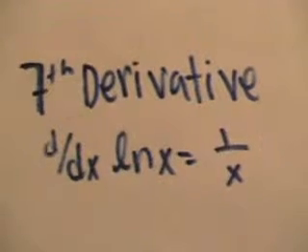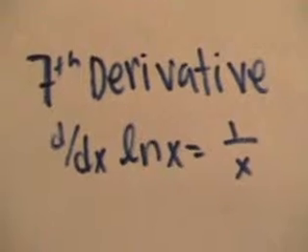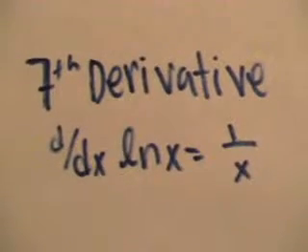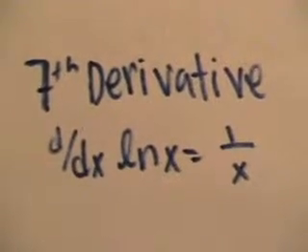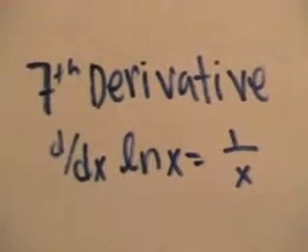The seventh and final derivative of this video is d over dx of ln of x equals 1 over x. This is straightforward.